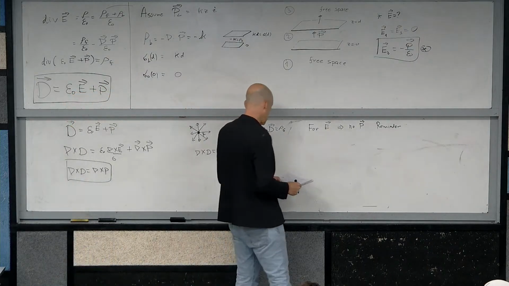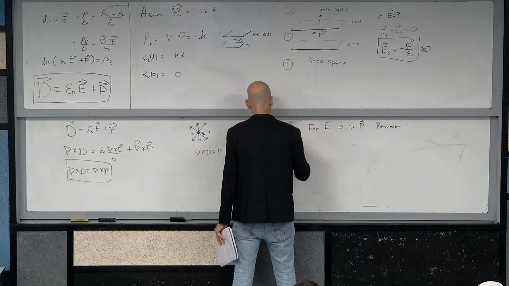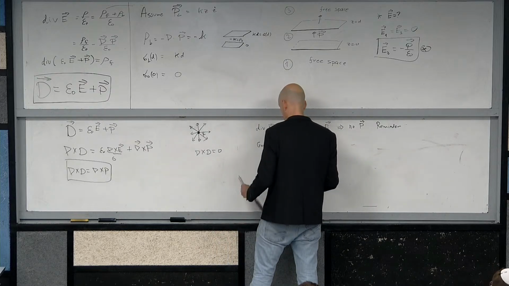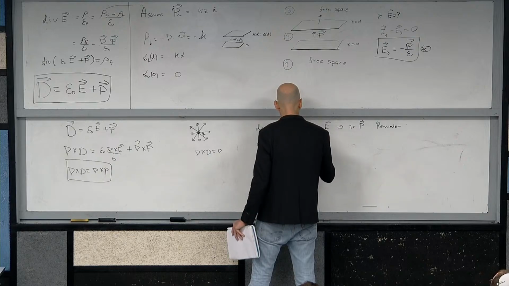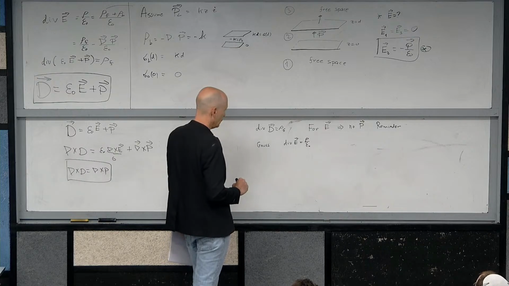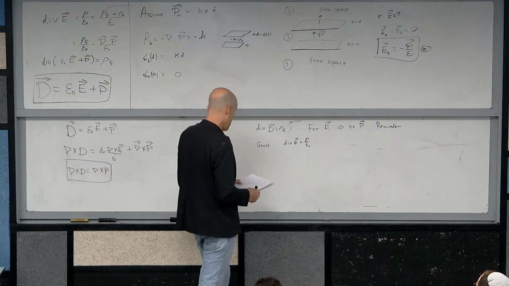Okay, so let us remind ourselves. We have Gauss law, and then we have div E is equal to rho in general. This is always correct, divided by epsilon 0. Rho can also be from polarization, but it's some rho.